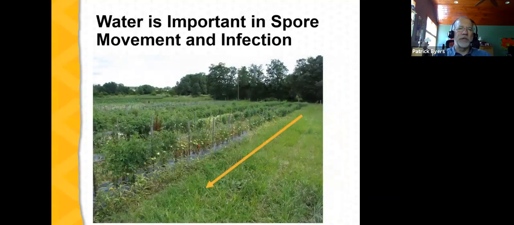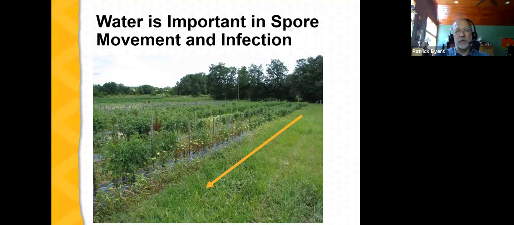Again, water is important in spore movement and infection. Looking at this planting of tomatoes, this actually was a case where there was southern blight in this field. And if you look at the right-hand side, you can see healthy plants at the end of the row. And as we move down the hill from that point, you can notice that the plants begin to look a little unthrifty. And then as we get to the lower part there, we have plants that are dying.